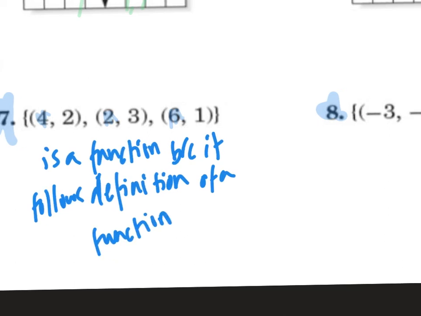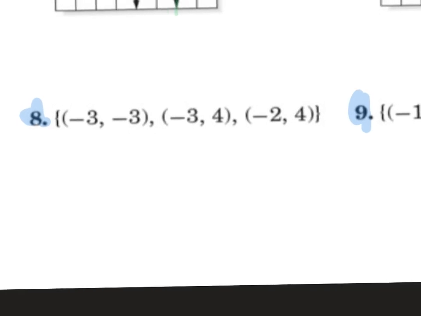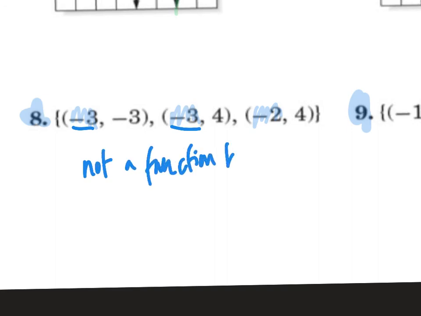Great. Next one. We want to see whether our x values are repeating. Let me just highlight my x values. I have -3, -3, -2. Looks like -3 is repeating, so not a function, because it doesn't follow the definition.